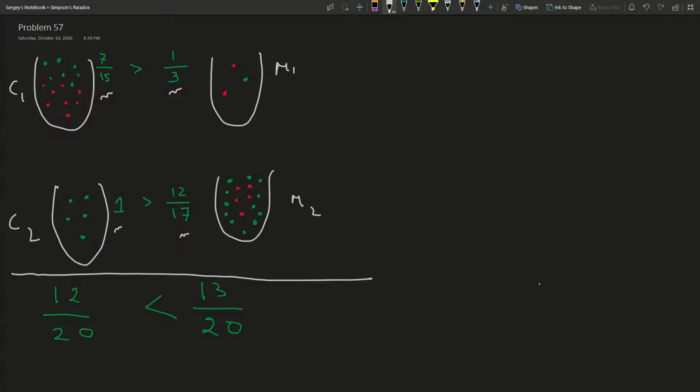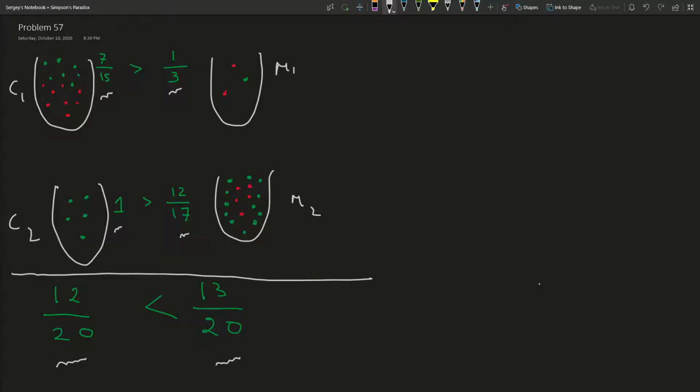But as Simpson's paradox states, something can happen when we aggregate the total number of gummy bears in the C jars and aggregate the total number of gummy bears in the M jars. When we look at the proportion of green gummy bears in the aggregate jar now, we see 12 over 20 versus 13 over 20 for the M jars.